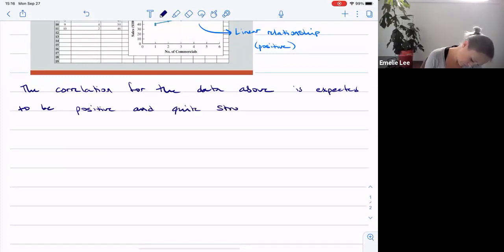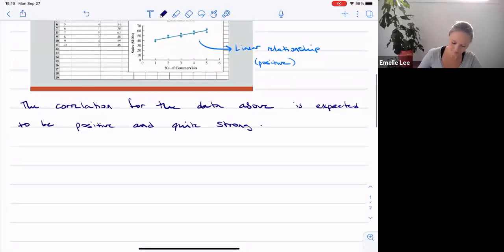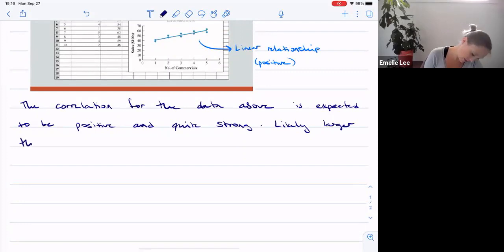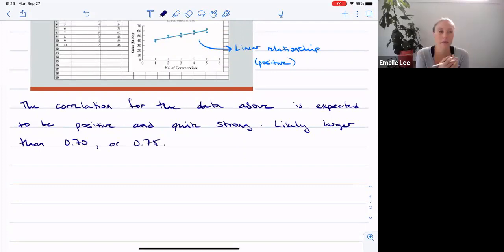So probably larger than 0.7, 0.75, right? I'll say likely larger than 0.7 or 0.75, just as a guess.